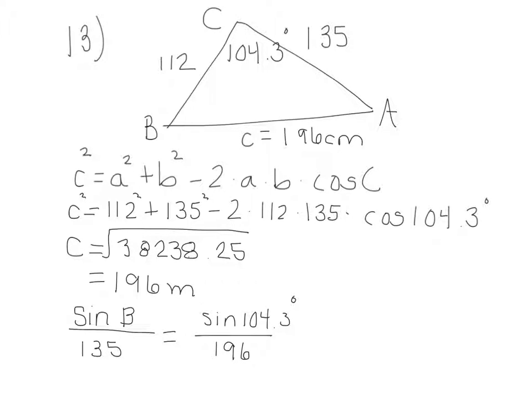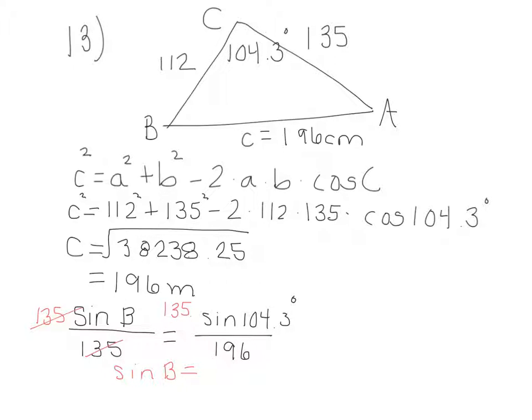To get rid of the division by 135, I'm going to need to multiply both sides of my equal sign by 135. And then my sine of B will be equal to 135 times the sine of 104.3, close my parentheses, and divide by 196.